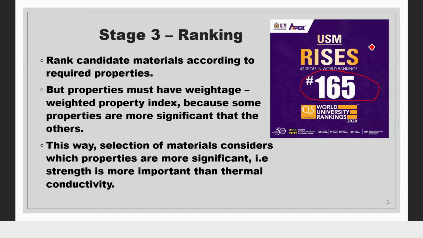Obviously, they will have criteria. So for ranking universities, they use the word criteria. For ranking of materials, we use required properties. We want to rank our properties. So we will have property 1, property 2, property 3 and so on. Property 1 strength, property 2 density, property 3 corrosion, property 4 what else? Fracture toughness.